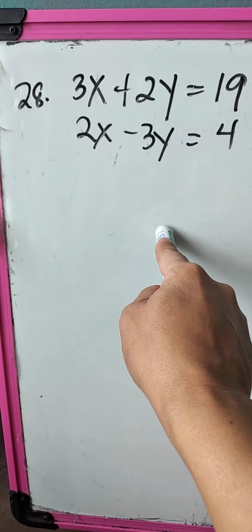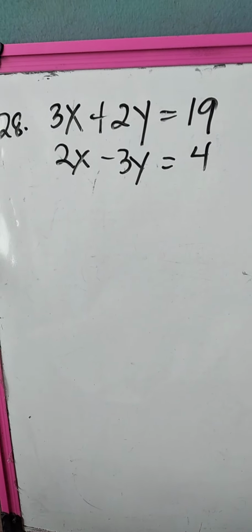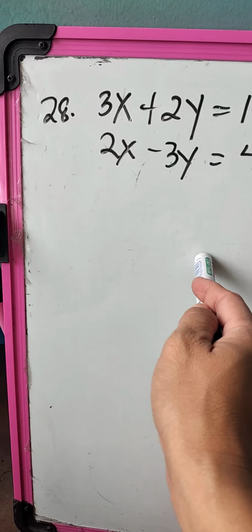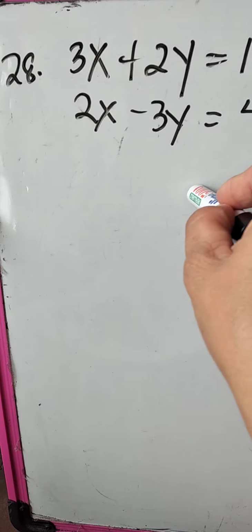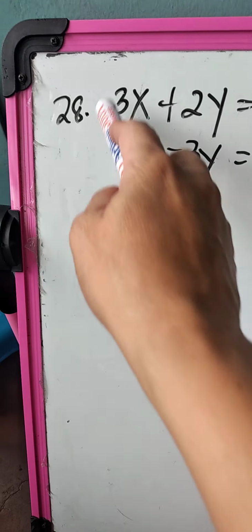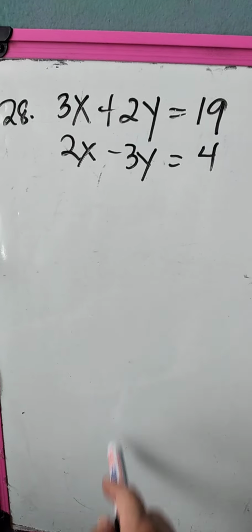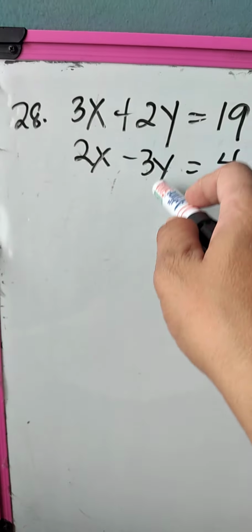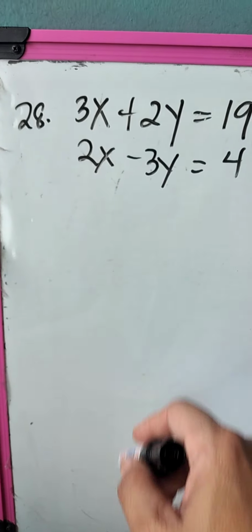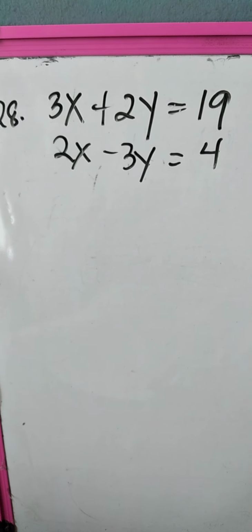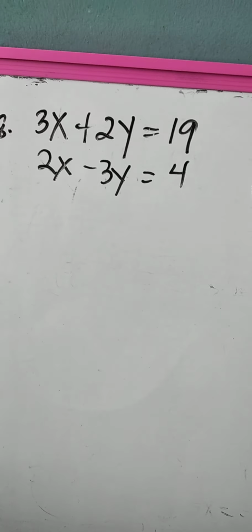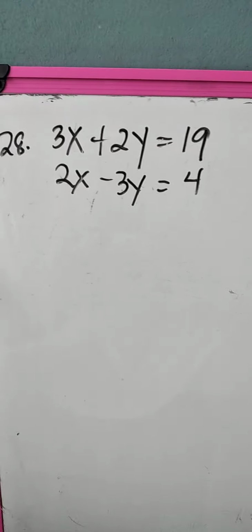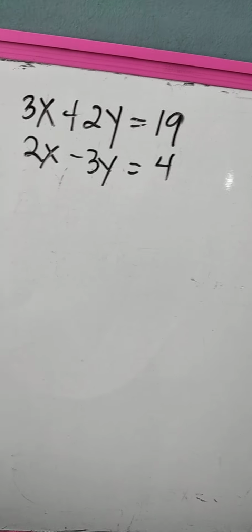If you choose y, your LCM is still 6. Now in my case, I will choose the y. I want to eliminate the y, not the x. Why? Because my y signs are already opposites, so I will end up with additive inverses. So I will eliminate the y, and the LCM is 6.